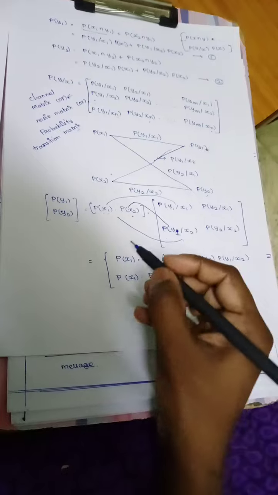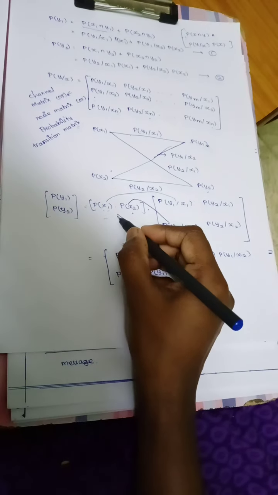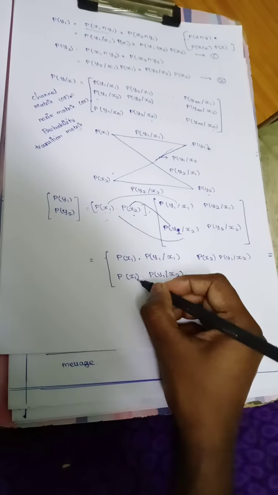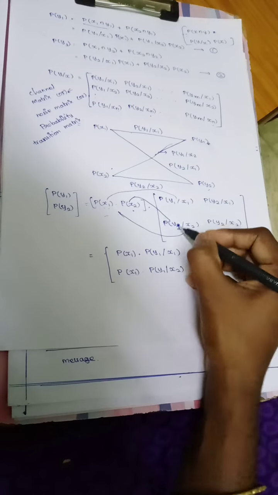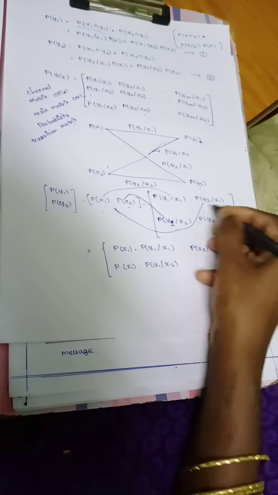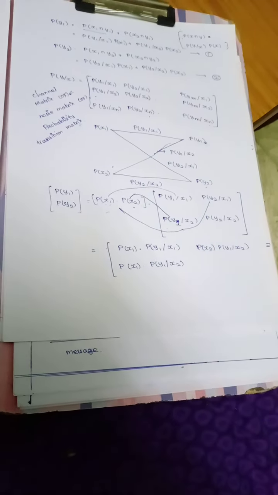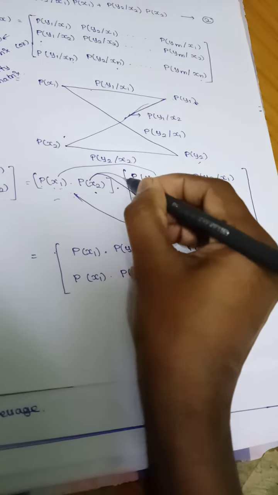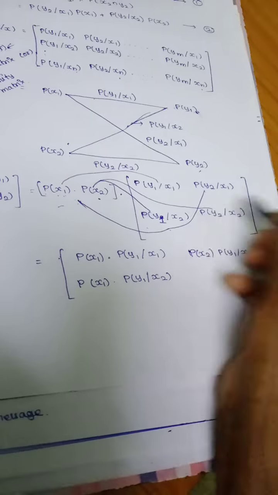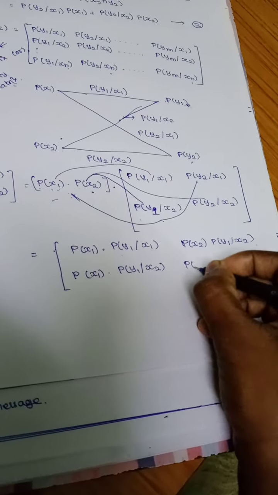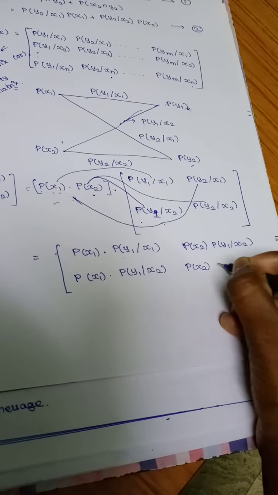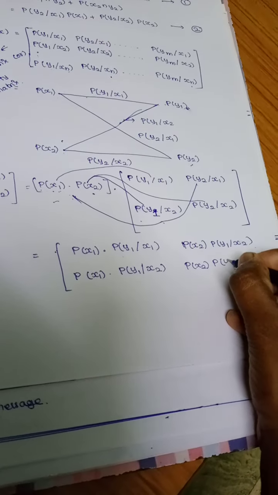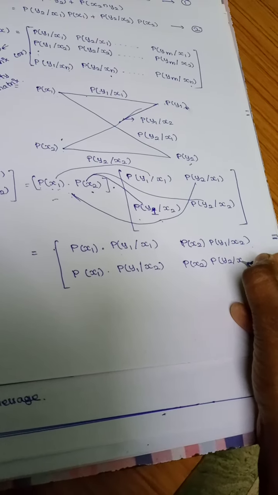Then next, probability of x1 into probability of y2 divided by x1, and probability of x2 into probability of y2 divided by x2.